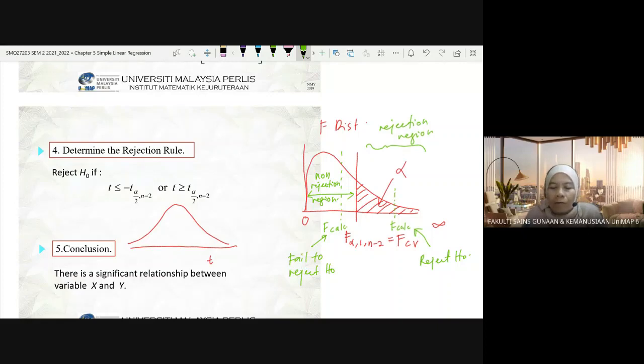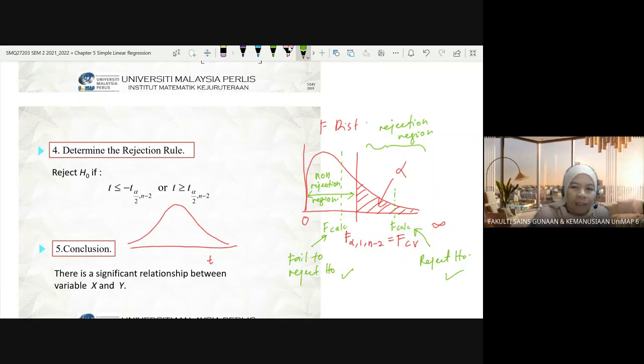That will be the way we can make our decision whether we fail to reject the null hypothesis or we reject the null hypothesis. So the statement here is very important in your decision making. And there will be a second way to decide whether we reject or fail to reject. I will share that later on.